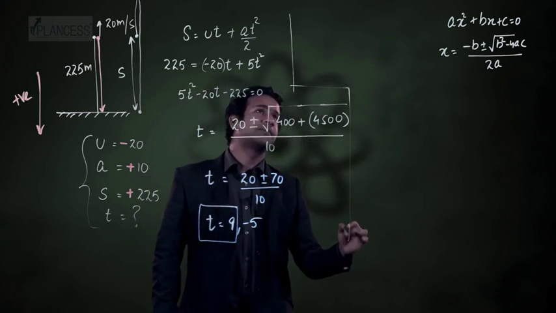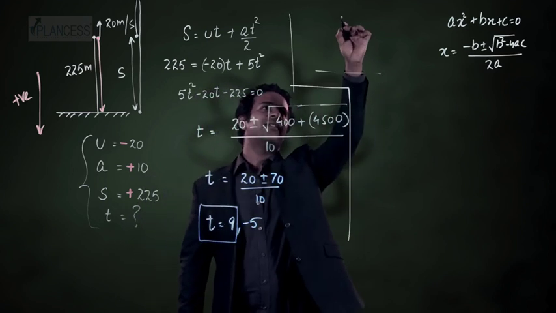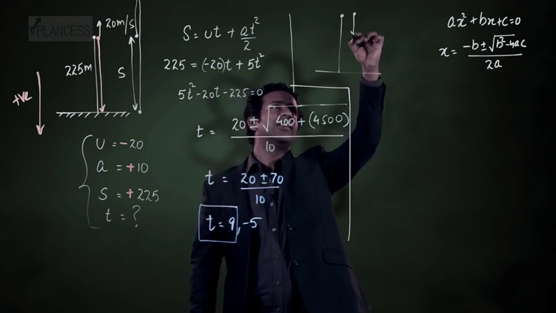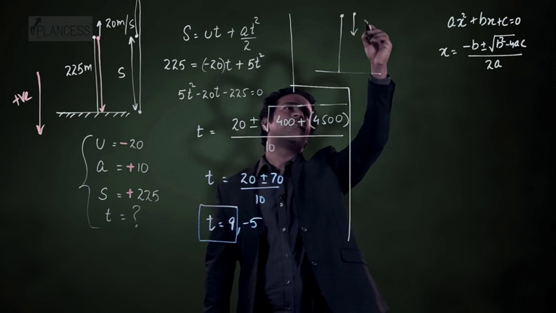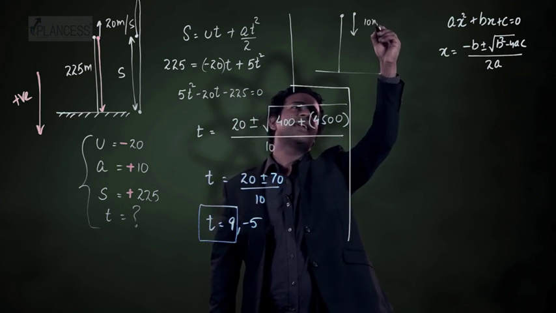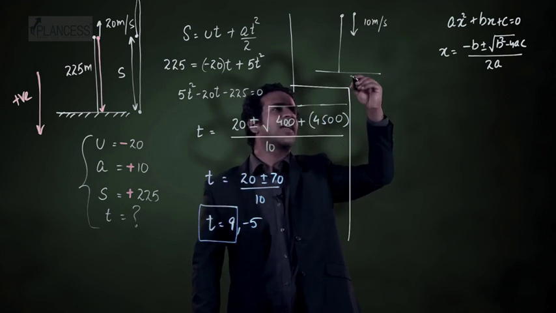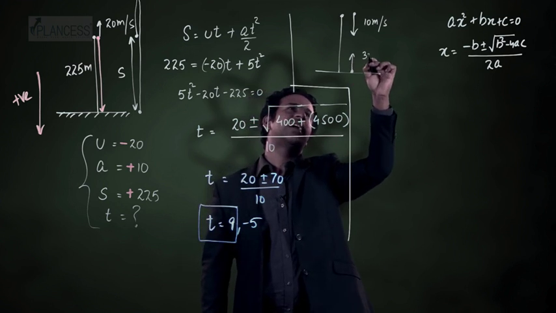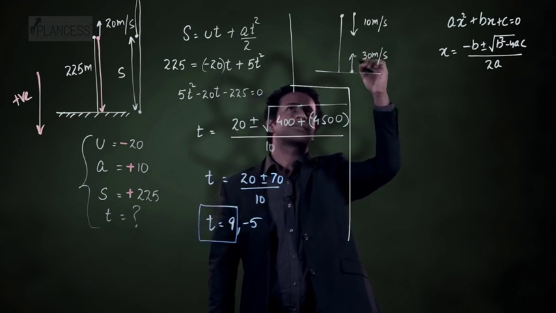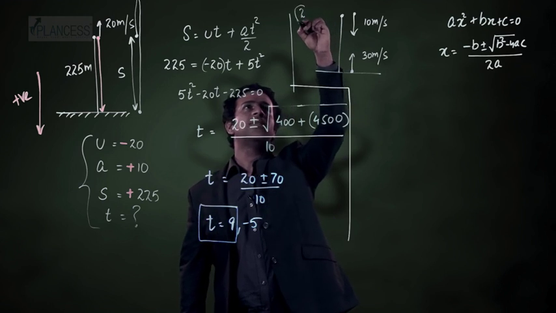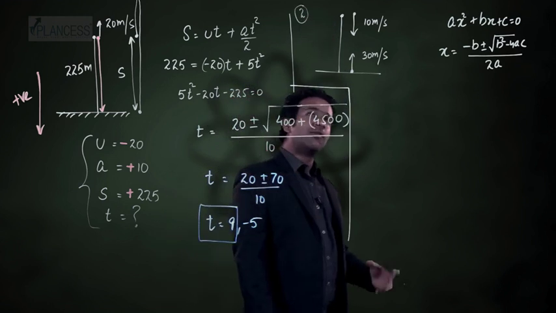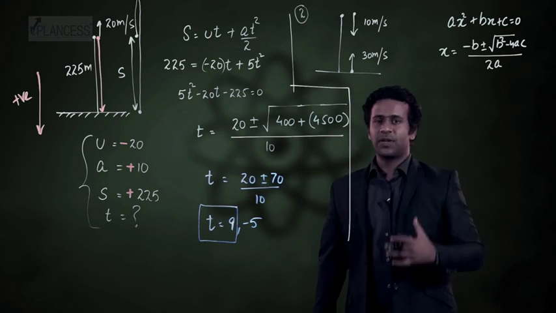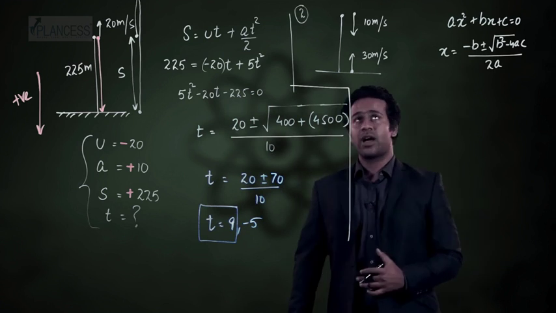Something similar, but this time we have one ball being thrown from the top of the tower downwards with a speed of, let's say, 10 meters per second, and the other ball is thrown upwards at a speed of 30 meters per second. So this is the second problem, where we have a tower from where two balls are being thrown, one from the top of the tower, the second from the foot of the tower.